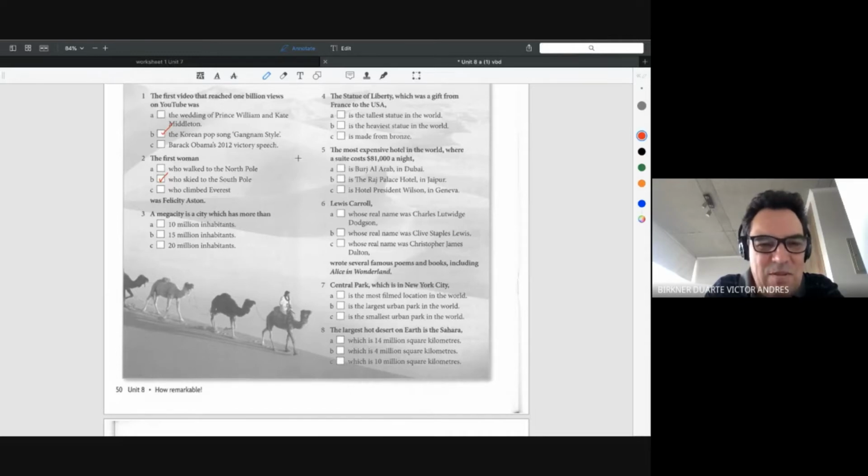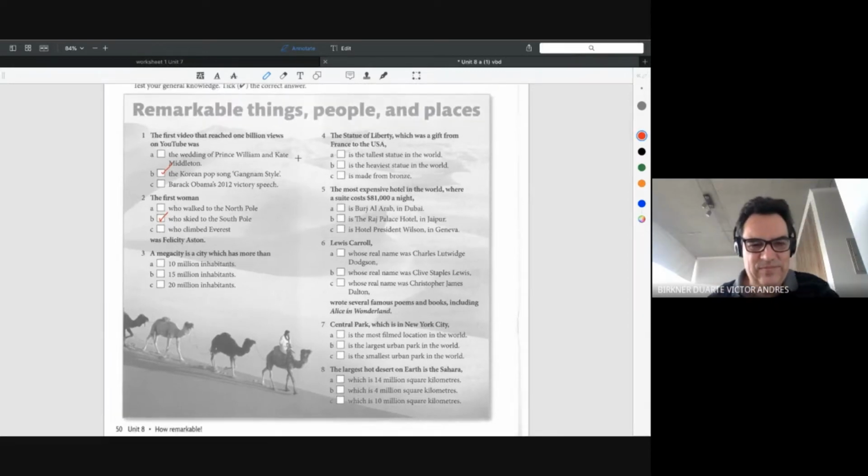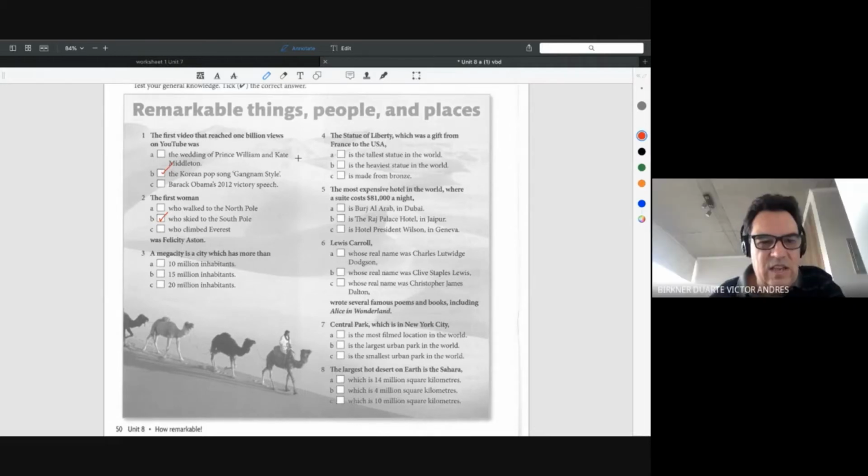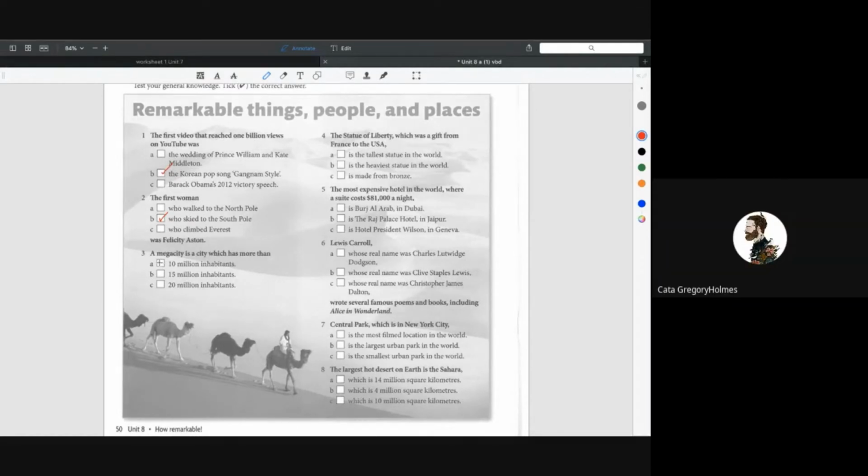Let's move on then to number 3. A megacity is a city which has more than 10 million inhabitants, 15 million, or 20 million. That's letter A, 10 million. Yes.